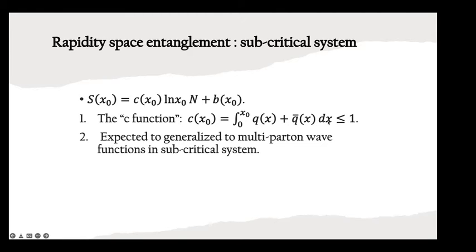And this behavior is expected to generalize to multi-parton wave functions as well, provided that there are no additional divergences proportional to log n. So this is the result for the rapidity space entanglement described in the momentum fraction space.